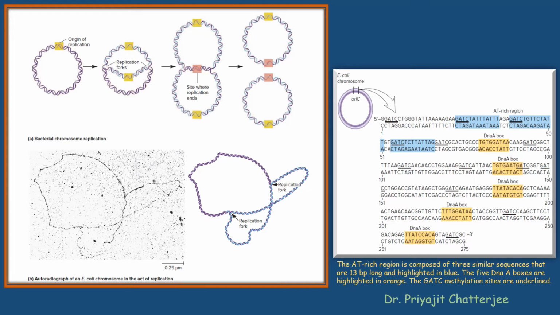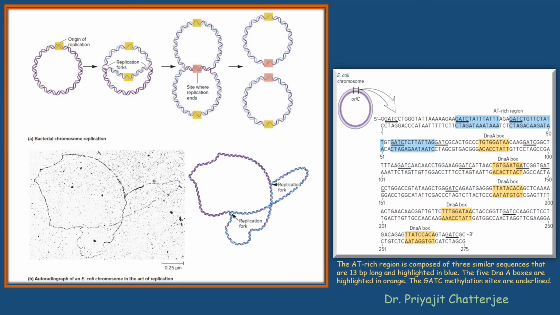Each pre-priming complex initially comprises 12 proteins: 6 copies of DnaB protein and 6 copies of DnaC protein. But DnaC has a transitory role because it is transient and is released from the complex soon after it is formed, its function probably being simply to aid the attachment of DnaB.